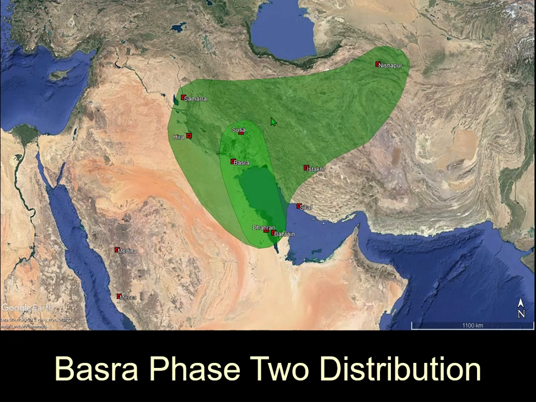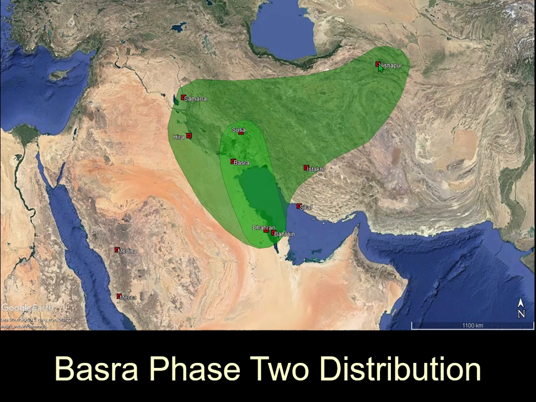In this phase, it is found more widely, again in politically important centers, like at Hira here, which is related to the major production center and the major political center at Kufa, and the palace city of Samarra, which is also a nice place to find pottery.